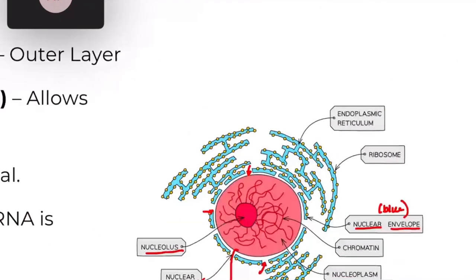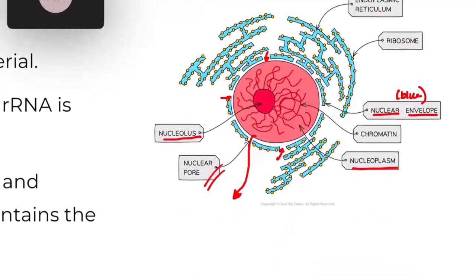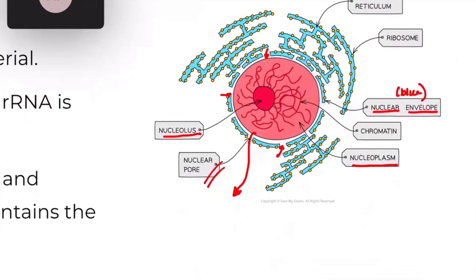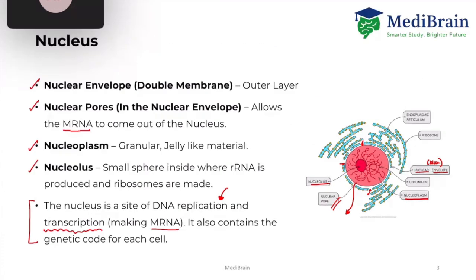And once it's coded for the sequence of amino acids, the mRNA transports that sequence out of the nucleus. So then the correct amino acids can be joined onto each other via the ribosome. Okay, because the nucleus tells you what the code of amino acids is required. Okay, so that's all about the structure of the nucleus.